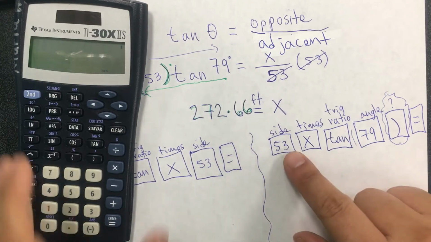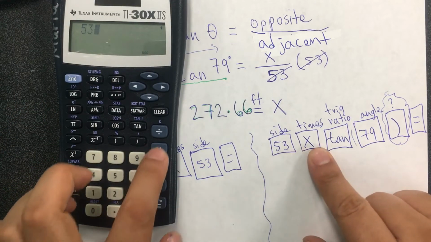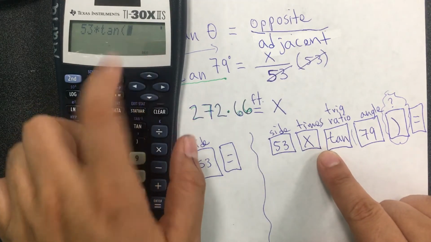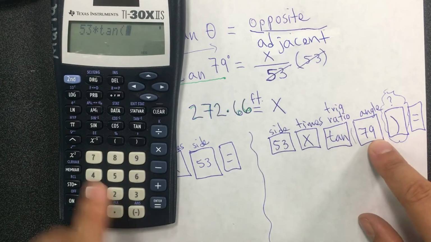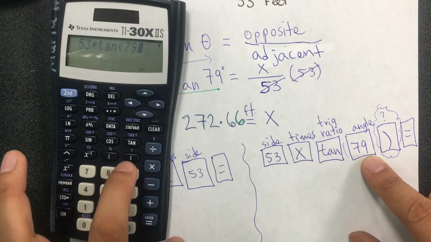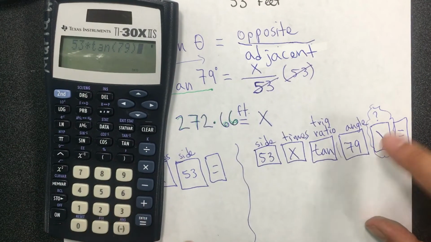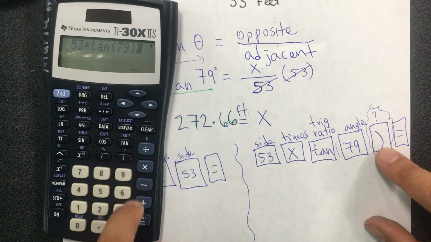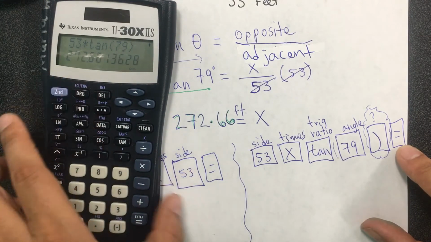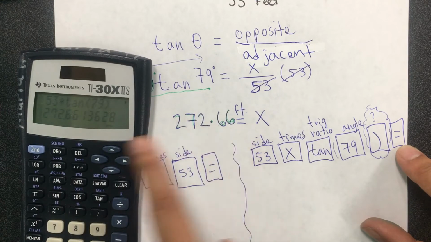So let's try it. So it's 53 times tangent. See how it opens a parenthesis right there? 79. In this calculator, I noticed that I don't have to close it, but I'm just going to do that. Close the parentheses right here, and then you press equal. And if you notice, it's the same 272.66, okay?